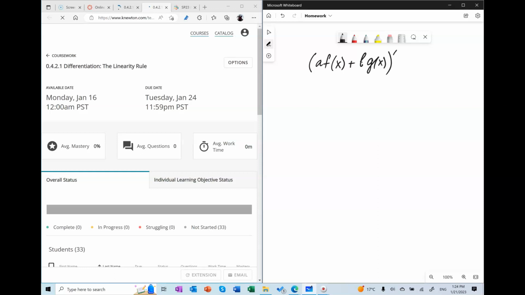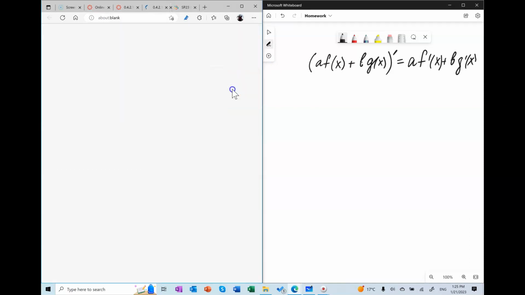So the derivative of a linear combination is the linear combination of the derivatives. My computer is lagging a little here, but here's the rule. And let's see how we get to use this rule when finding derivatives.